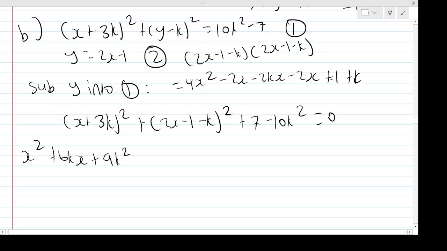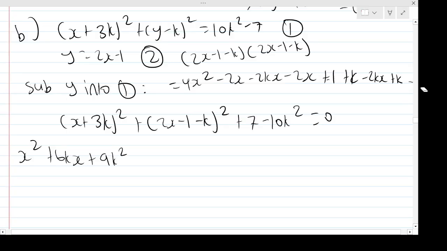Then lastly, we will get minus k, the last term in the bracket, times by everything again in the other bracket. So minus k times 2x will be minus 2kx. I need to squeeze this in, I reckon. Then minus k times minus 1 will be plus k. Then minus k times minus k will be plus k squared.